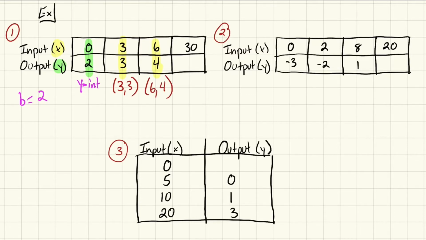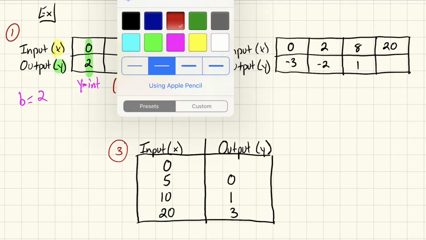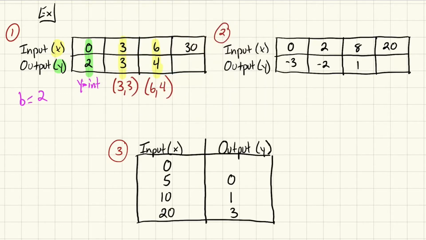Now that should look familiar to everybody because we've done that in chapter 6 when we have our slope, right? We have x1, y1, and we have x2, y2. And so all we have to do now in number 1 is figure out slope. Slope is going to end up being 4 minus 3 over 6 minus 3, which ends up being 1/3.